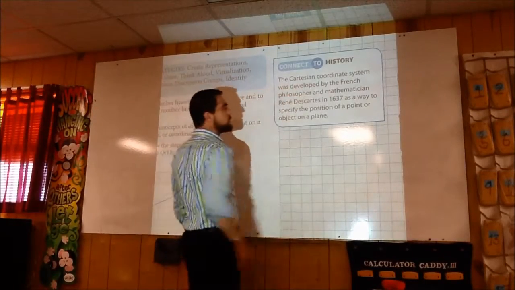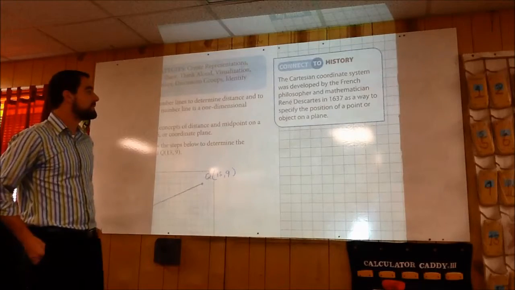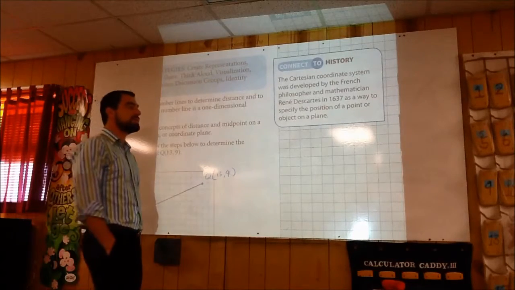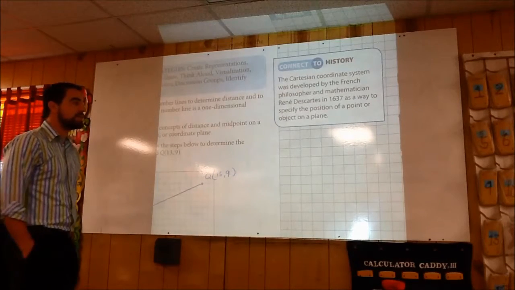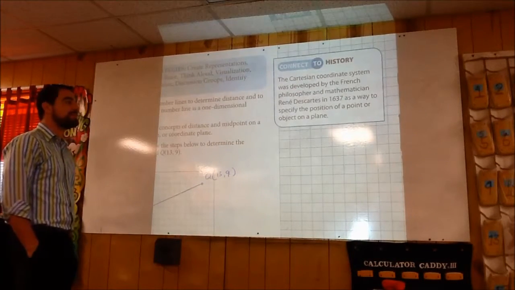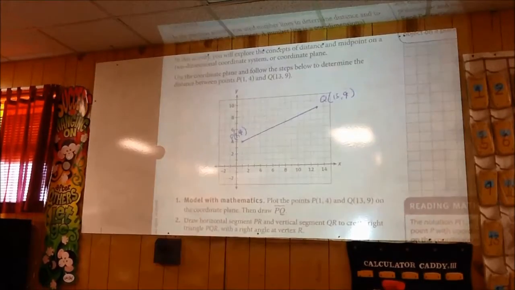The Cartesian coordinate system was developed by the French philosopher and mathematician René Descartes in 1637 as a way to specify the position of a point or object on a plane.